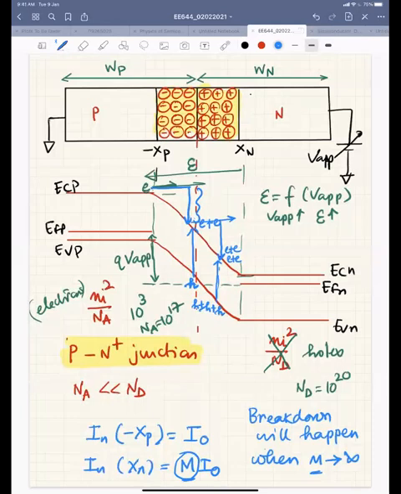That's the reason lower band gap materials have low breakdown voltage. So if you have a similar P plus N junction made of germanium, silicon or gallium nitride, you will see that for germanium the breakdown voltage will be lower, and for silicon it will be somewhere in between gallium nitride and germanium.